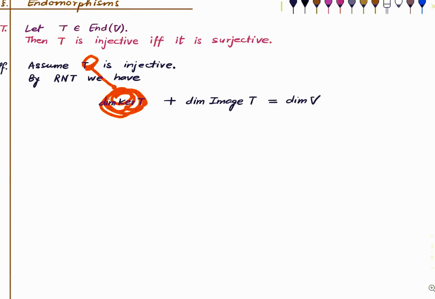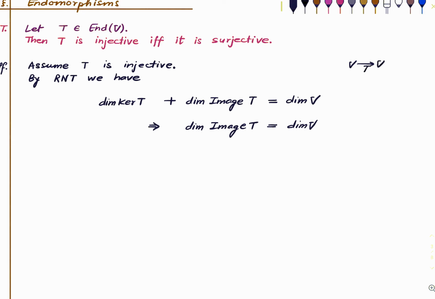Injectivity of T implies the kernel of T is trivial, and hence this is 0, and therefore the dimension of the image is the entire dimension of V. But since image T is contained in V, after all the target of T is V as well as the domain, this implies that image T must be equal to V.